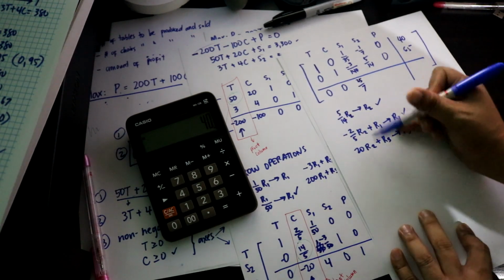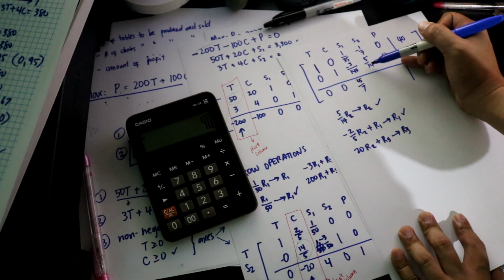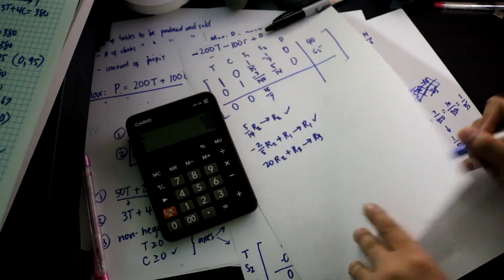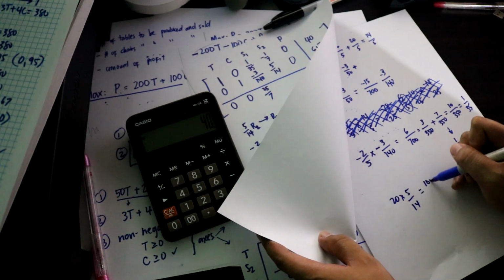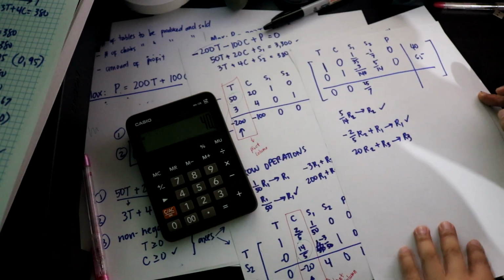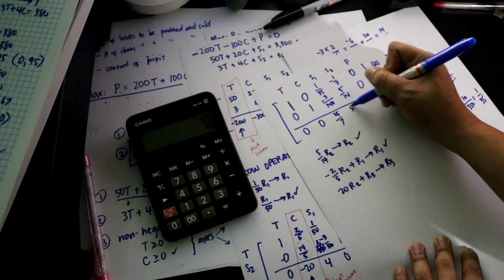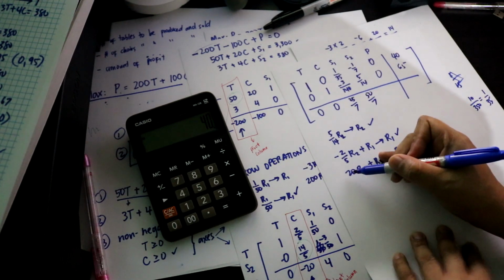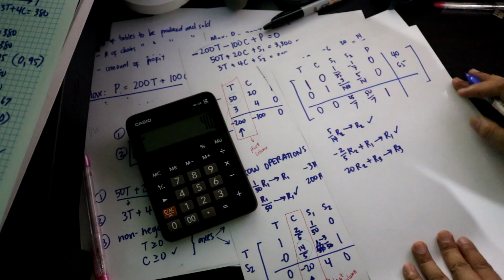And then 20 times 5 over 14, that would be the same as 100 over 14, or 50 over 7, plus 0 would be 50 over 7. 20 times 0 is 0, plus 1 would be 1.